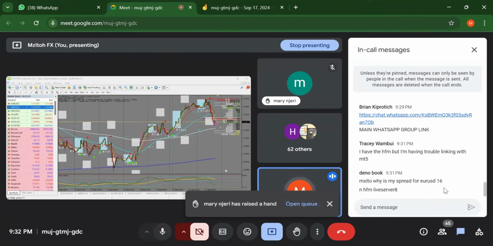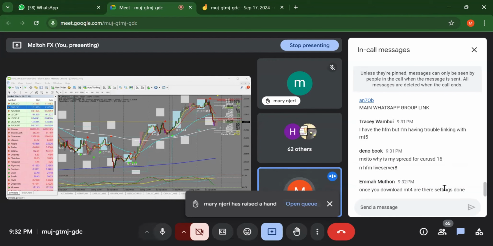When you go to exotic, you see even 80. No, that is not 80, it's 8 pips. The spreads on major currencies are mostly not that high, and that's why we focus more on the major currencies.